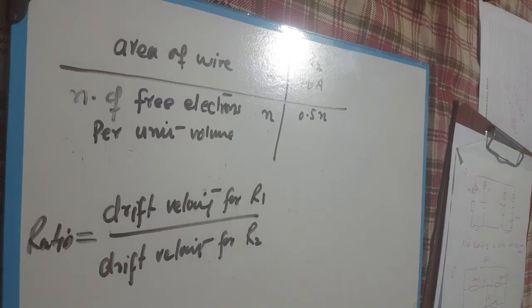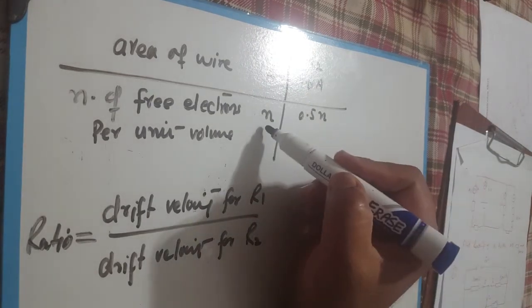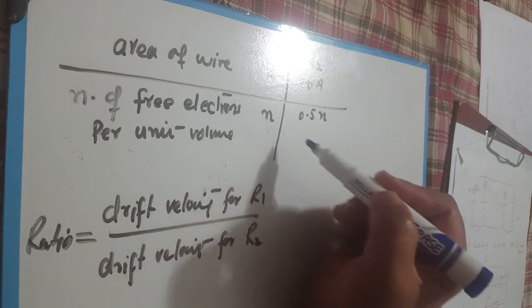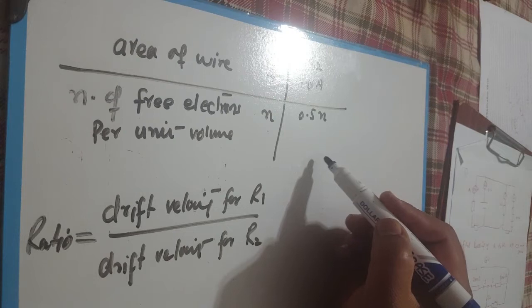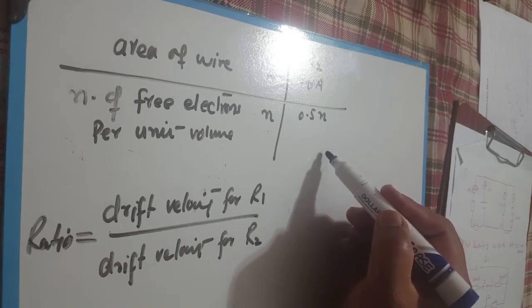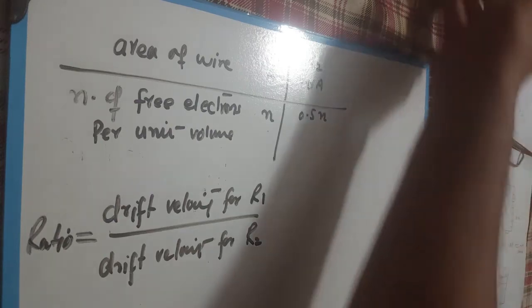I just take you towards a little rough work from where we can get free electrons and number density per unit volume and the drift velocity. We have the formula, I is equal to, I take another sheet just to make me more comfortable here.